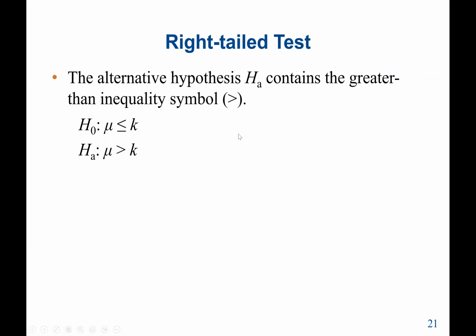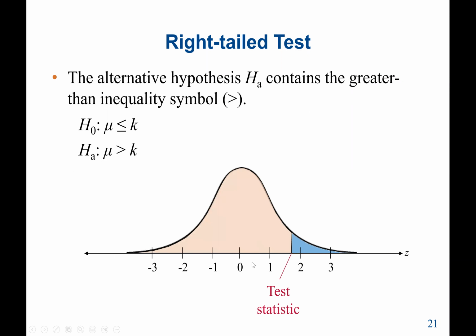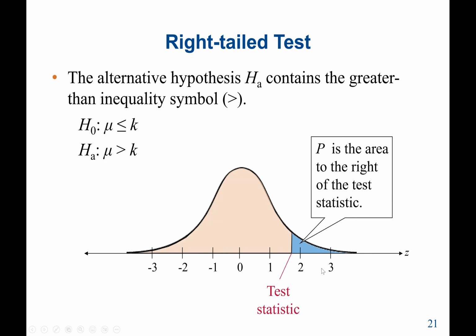Now with the right tail test, the alternative hypothesis HA contains the greater than inequality symbol. So HA will be mu greater than k, which means the null hypothesis H0 will be mu less than or equal to k. It will look like a normal distribution with the region to our right.